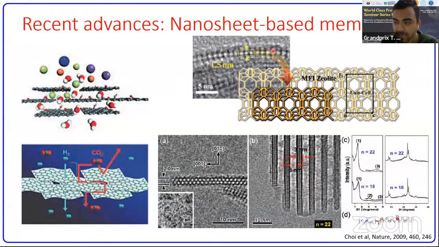This is the single cell of a zeolite crystal. If we could synthesize these nanosheet zeolites with large lateral dimension, we could have such a, quote-unquote, perfect separation performance.